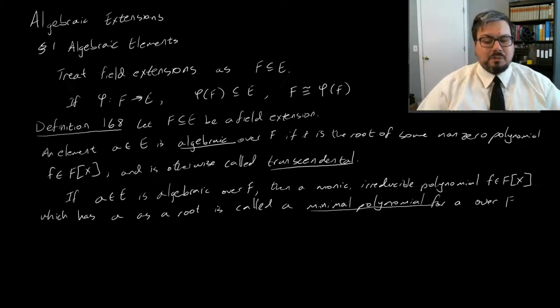So a minimal polynomial for an algebraic element will be a polynomial with leading coefficient 1 that's irreducible and has a as a root.